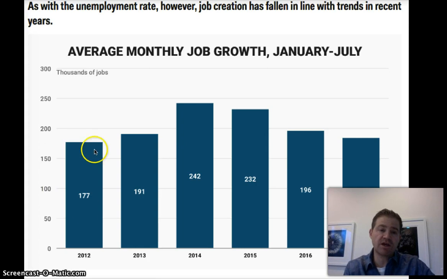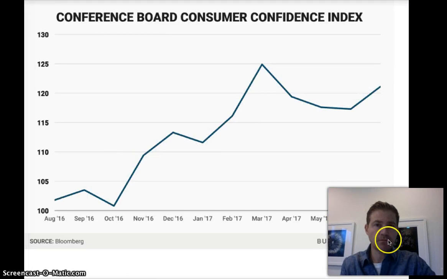And so we're just creating a little bit above that. But then, here it's looking good. And again, throughout Trump's presidency so far, those jobs numbers fall in the trend line.